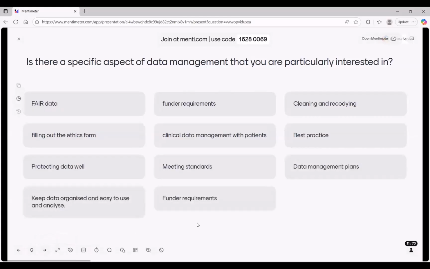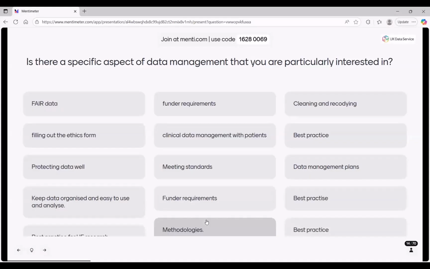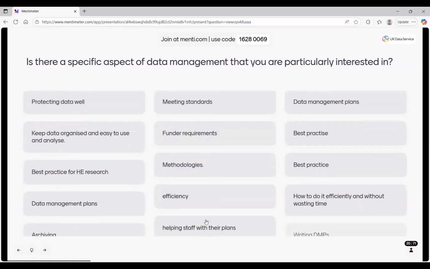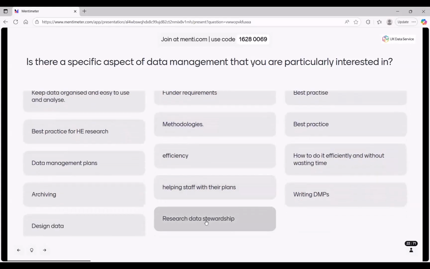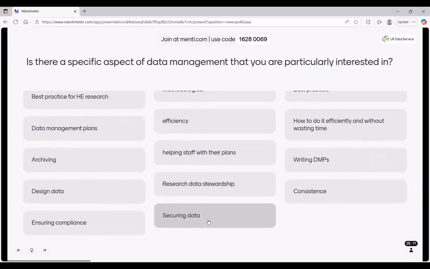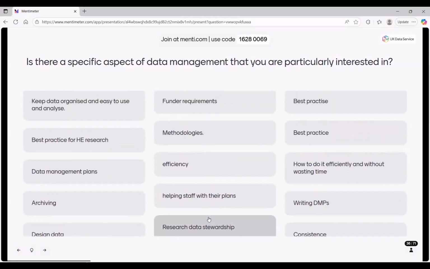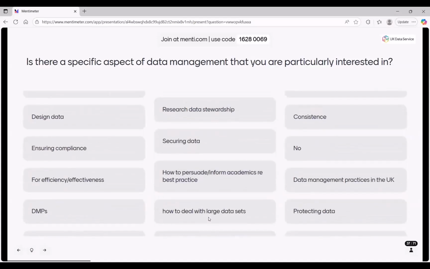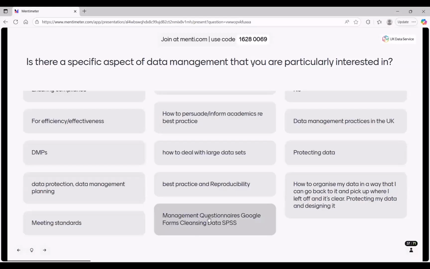Funder requirements, filling out the ethics forms, protecting data, well, that's right. Meeting standards, best practice, cleaning, recoding, data management plans, archiving, securing data, ensuring compliance, writing DMPs, consistency, how to do it efficiently and without wasting time. Yeah, okay. I hope that we will cover some of these today.